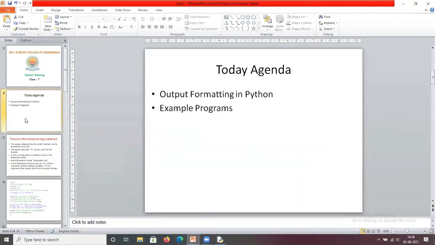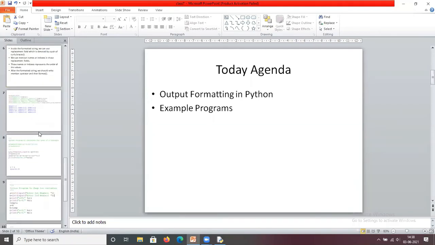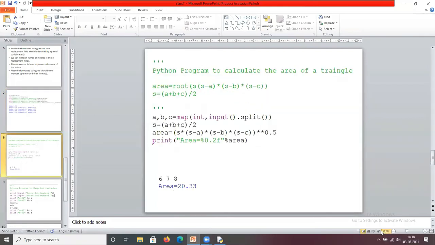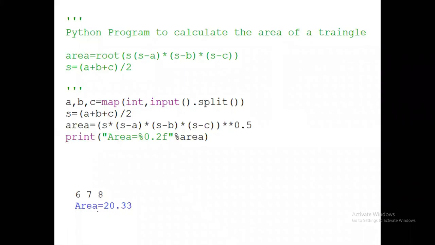Okay, so now we are going to see some example programs. First program: Python program to calculate the area of triangle. To solve this problem, first we need to know the triangle. What is the triangle?